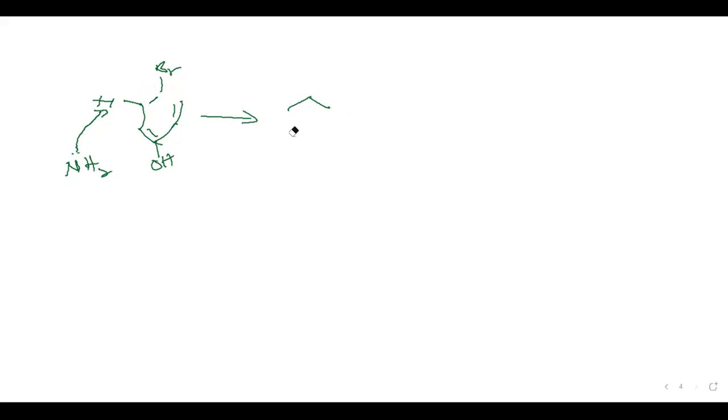The first step is just the removal of the proton. The electrons are deposited here, two electrons. The double bonds are all still intact. So that is the first step.